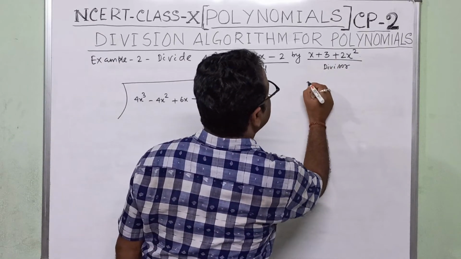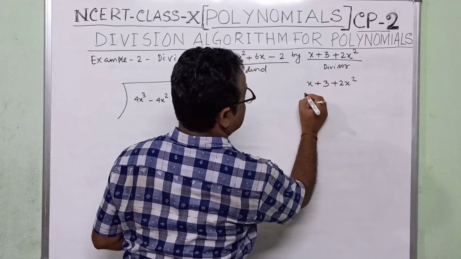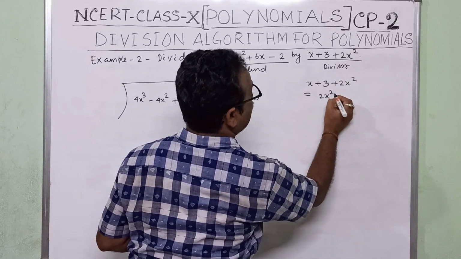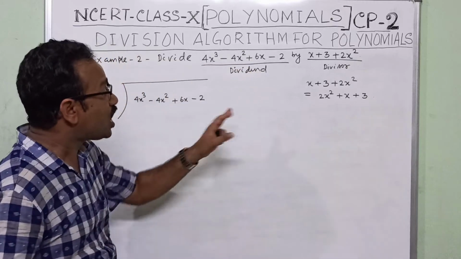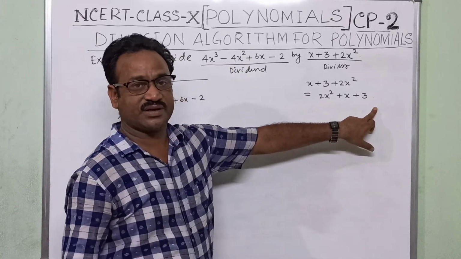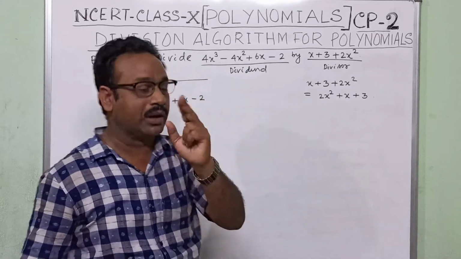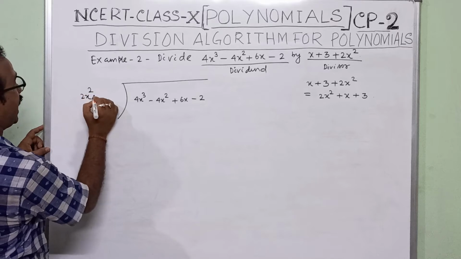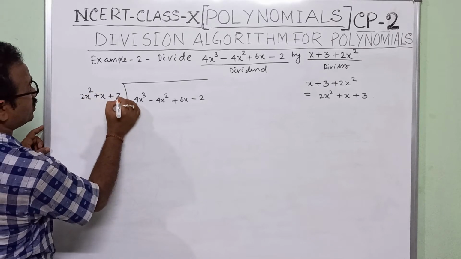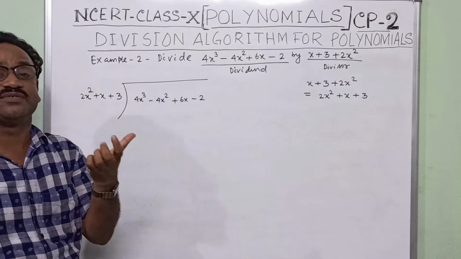So we can write x plus 3 plus 2x square is equal to 2x square plus x plus 3. So this is arranged in descending power. Now we will proceed with the division, as already I have told you how to perform it.